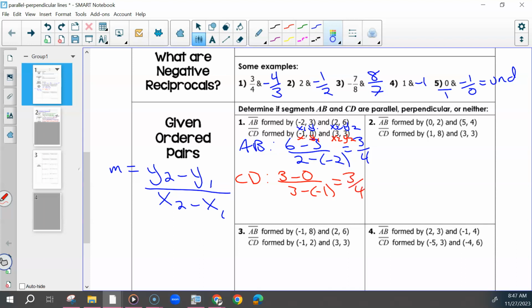So if we're looking at these two slopes, are these parallel, perpendicular, or neither? Parallel, because they're the same. You can either write out the word parallel or use the symbol. Questions on how we found those to be parallel?